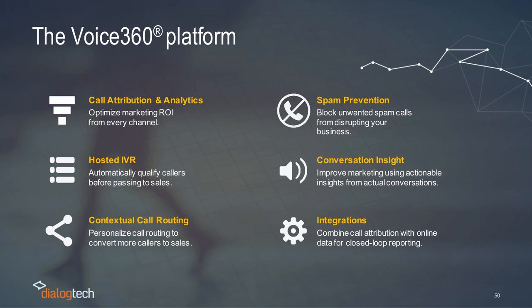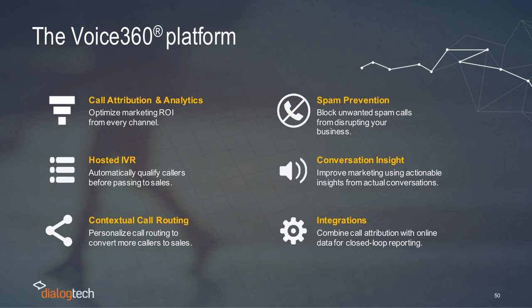So this is a high-level view of our Voice 360 platform, and call attribution and analytics is just one facet of it. Kelly touched on spam prevention a little bit earlier, where you want to block those unwanted spam calls from disrupting your business and preventing you from getting accurate marketing ROI. Contextual call routing gives you personalized call routing, so once you start driving those callers to your business, you can more efficiently get them connected to your sales agents or call centers or different geographic locations.